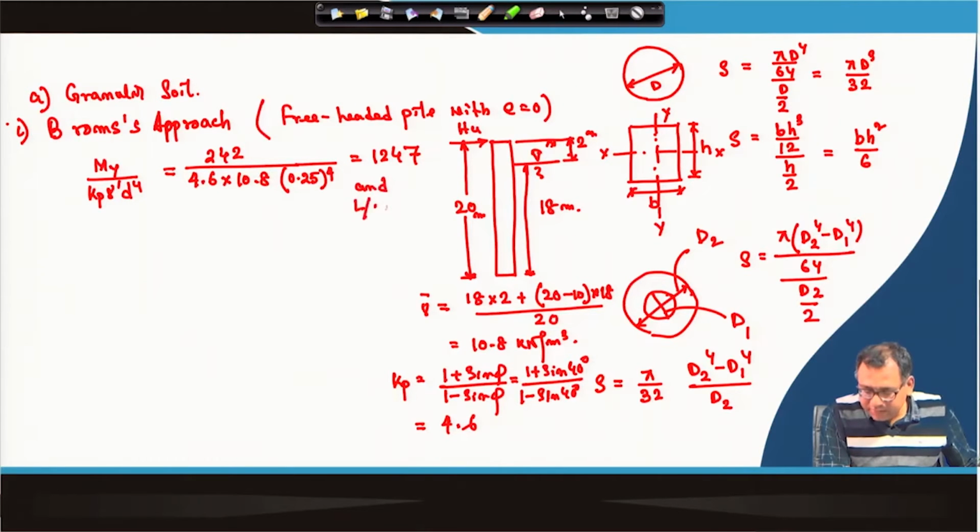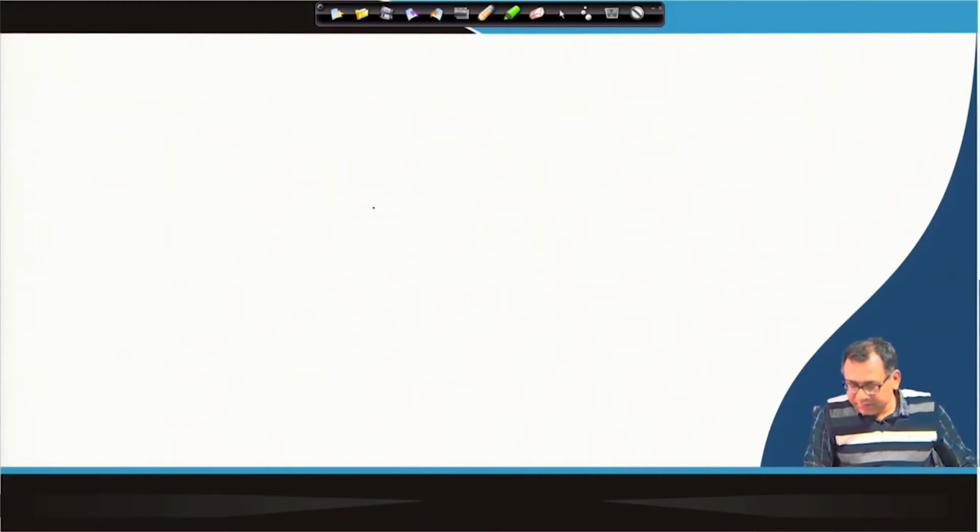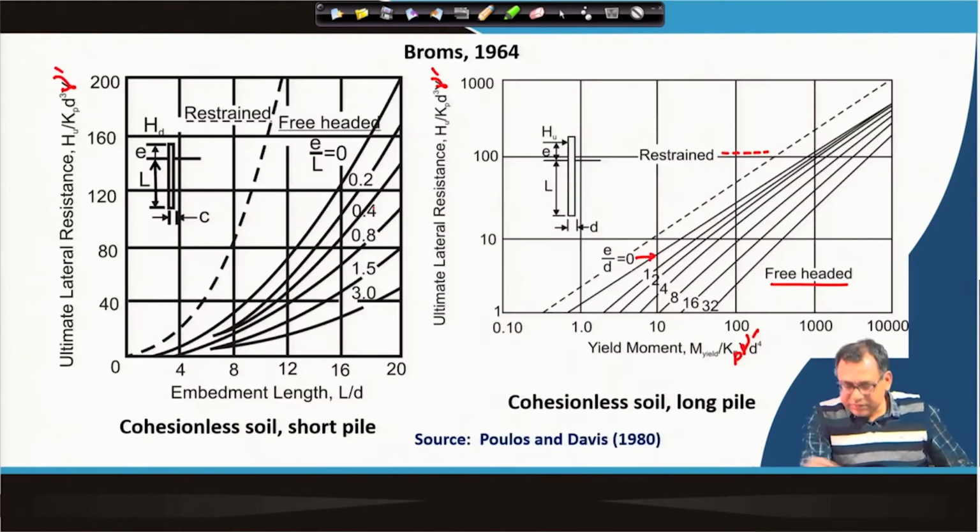Now, let us go to the chart, where L by D is equal to 80. This chart is for cohesionless or granular soil, long pile. The value is 1247, and e by D is equal to 0.